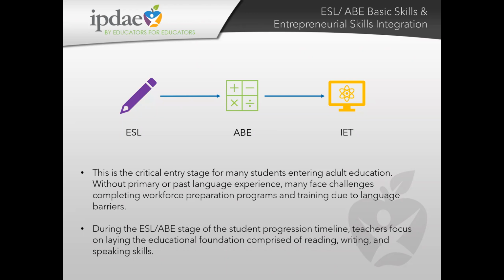During basic skills acquisition, students are learning the foundation on which instruction will be scaffolded in the future. Without a good foundation in reading and writing skills, adult students can struggle to learn the skills and competencies in integrated education and training, and also when they're enrolled in career and technical education programs.